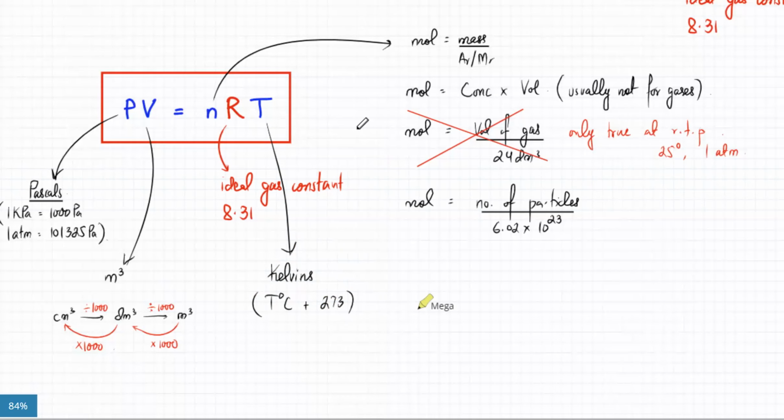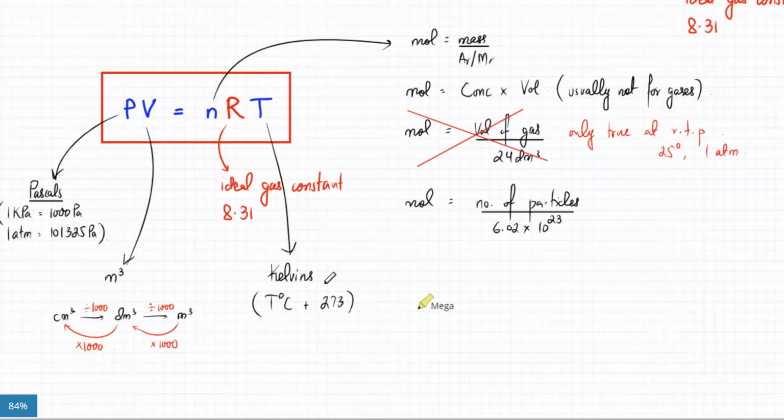Make sure when you use PV = nRT, the ideal gas equation, the relationship between pressure, volume, temperature, and moles, pressure must always be in pascals. So whatever pressure you're given, convert that into pascals. Volume must always be in meter cube. Moles, you can find moles using this, but don't use this formula ever. Temperature is going to be in Kelvins.